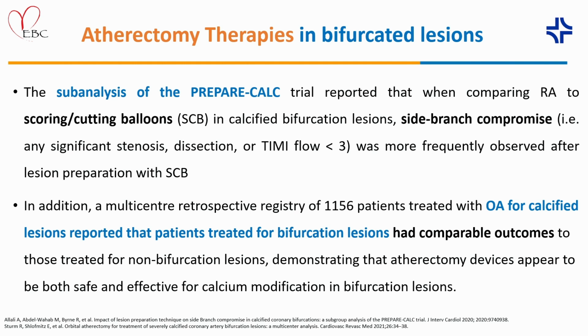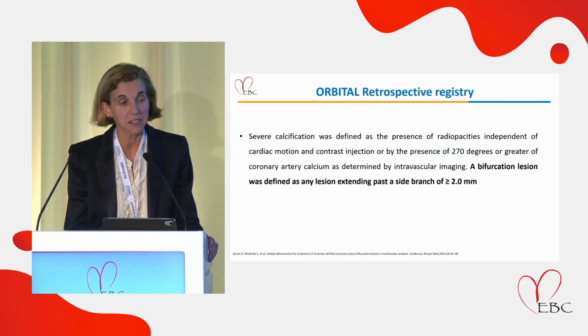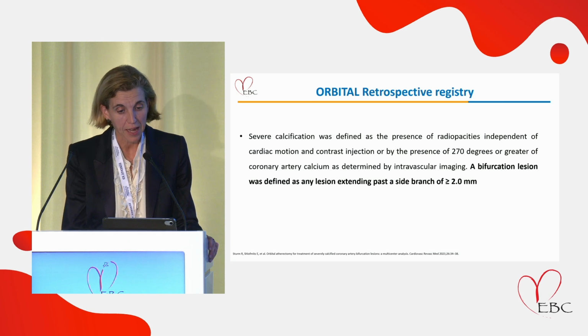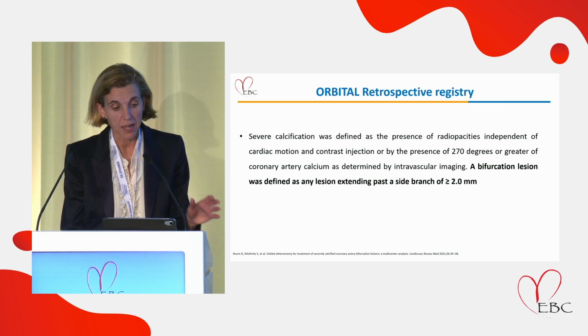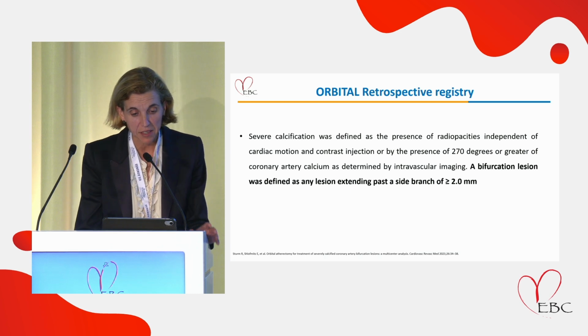We have this sub-analysis of PREPARE-CALC, and the orbital retrospective registry. The orbital registry also has a limitation because they analyzed calcification only by angio. And they defined the bifurcation as any lesion extending past the side branch.